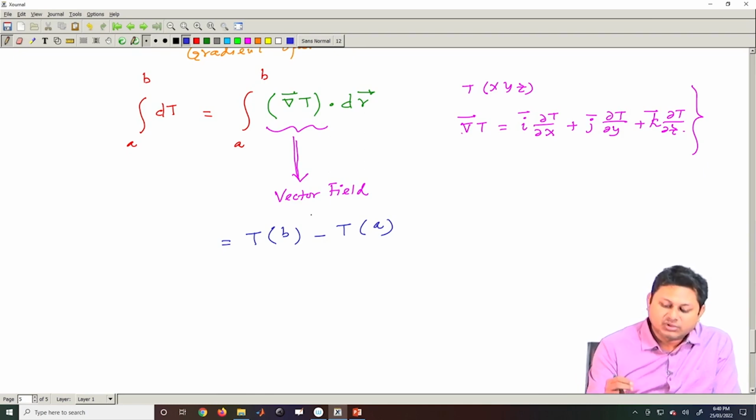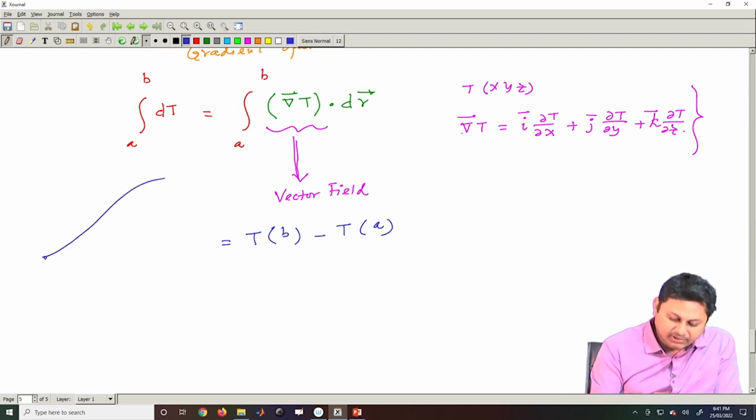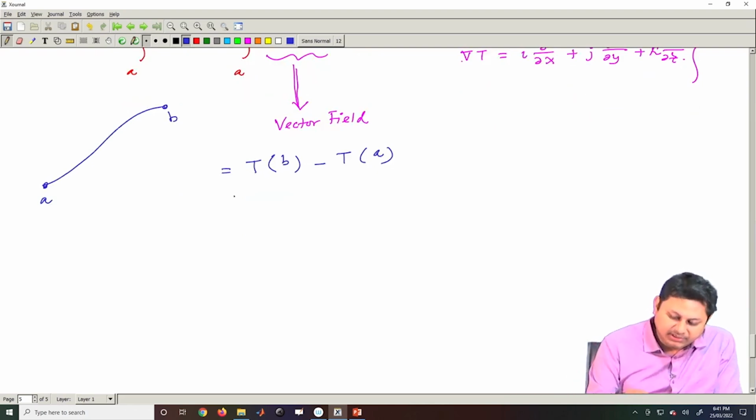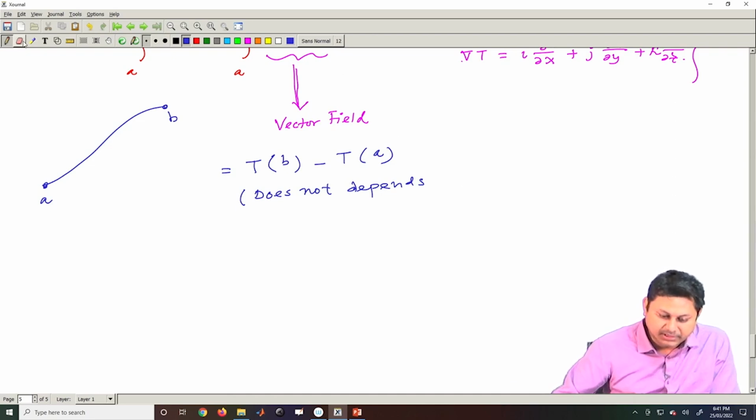Now, I am asked to calculate the line integral, and I find that this line integral, say from point A to B, only depends on the initial value and final value. So, what is the meaning of that? It does not depend on the path.